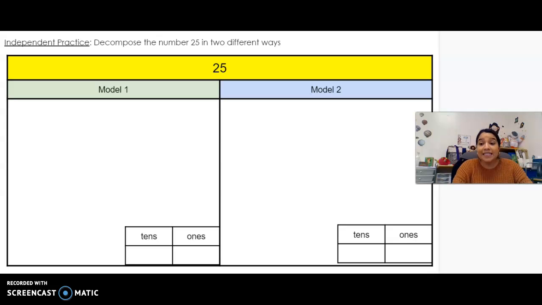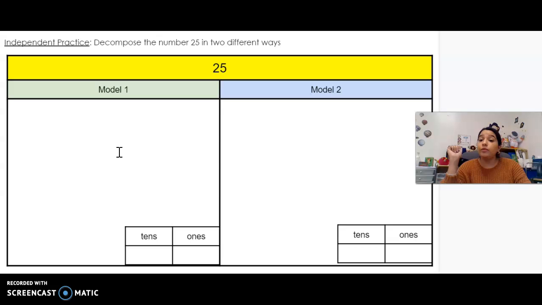Now let's go ahead and look at your activity for today. For today's activity, what you will be doing is you will model 2 given numbers in 2 different ways. So this first one, you are going to model 25 in 2 different ways. So remember, you have to model 25 in 2 different ways.